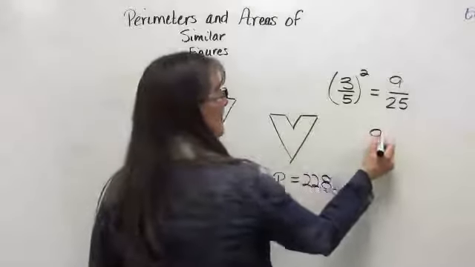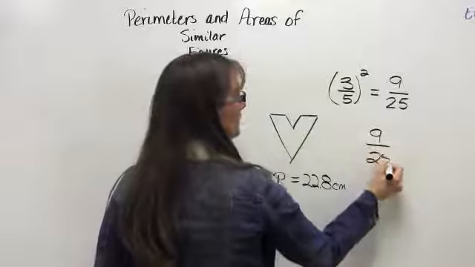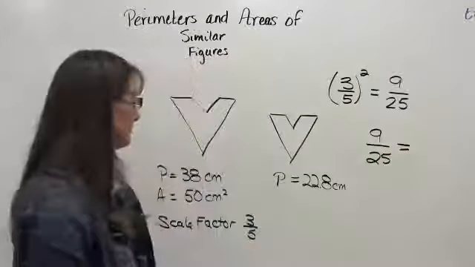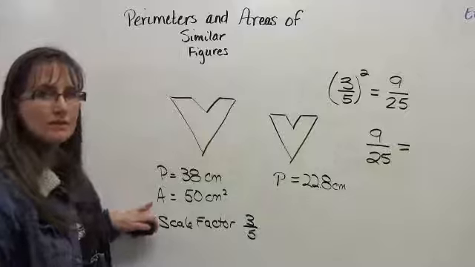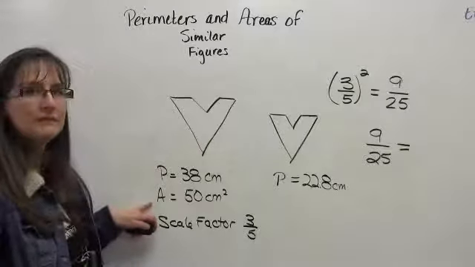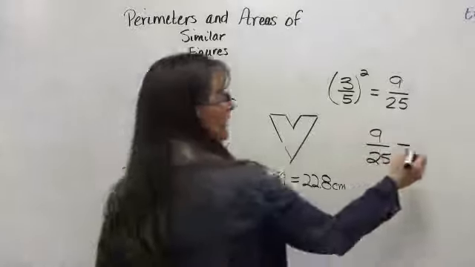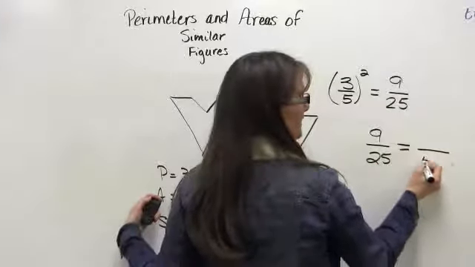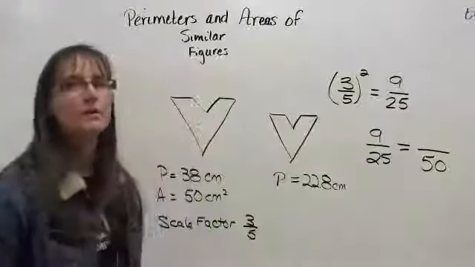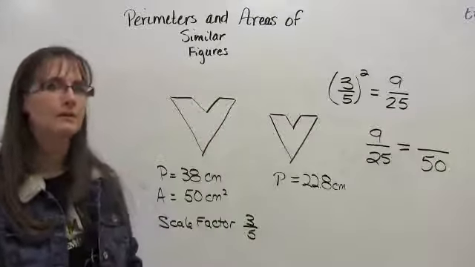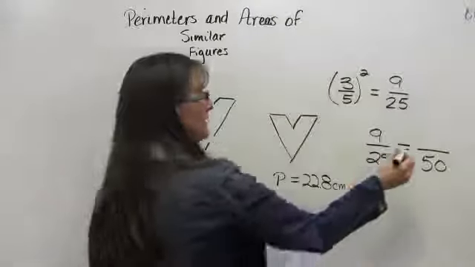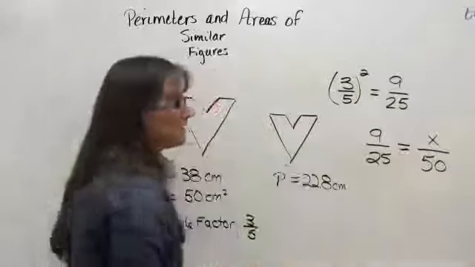So let's go ahead and set up that proportion. 9 over 25 is equal to, well, they gave me the area of the larger figure, and it was 50 centimeters squared. That means that my 50 needs to go on bottom because the 25 represents the larger figure, while the 9 represents the smaller figure. And now we'll replace the numerator with an x.